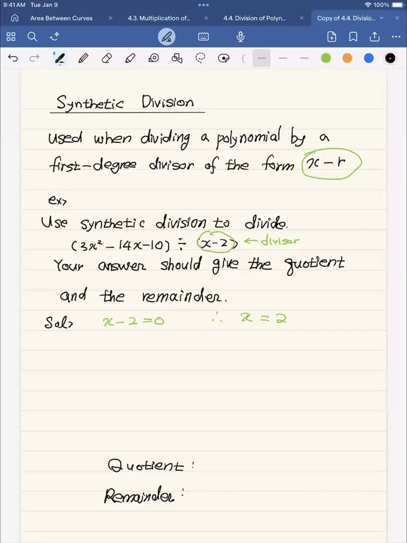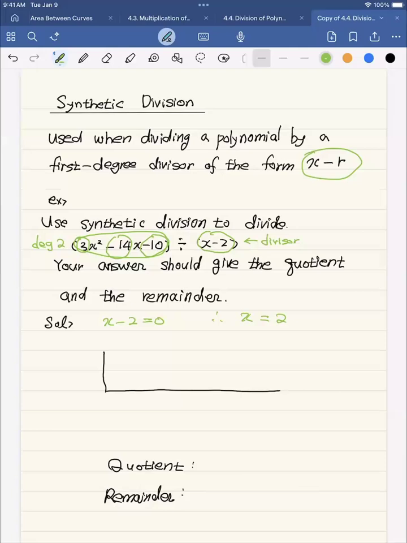To set up the synthetic division, you will draw a longer vertical line and horizontal line. And when you see here, this one is degree 2, and it has coefficient 3, negative 14, and constant term negative 10.